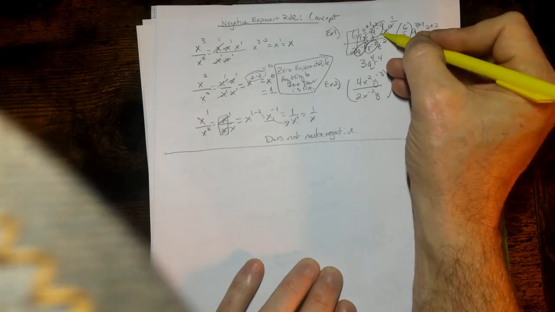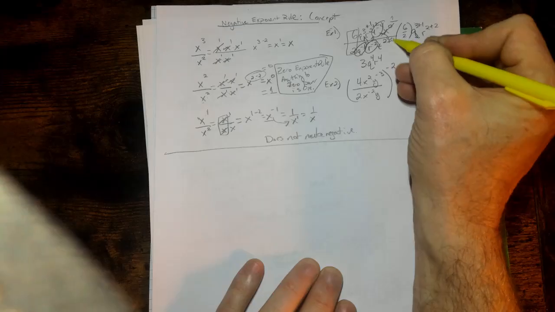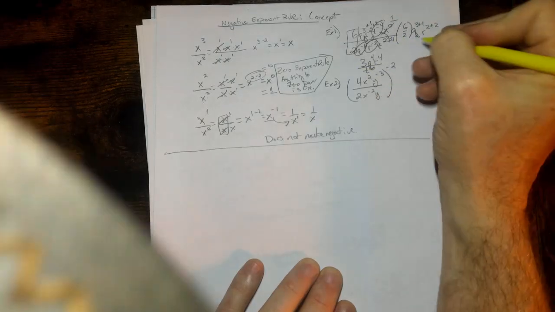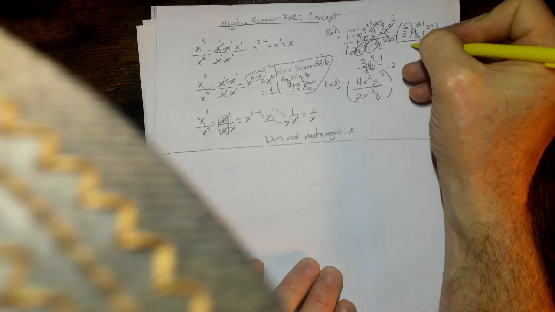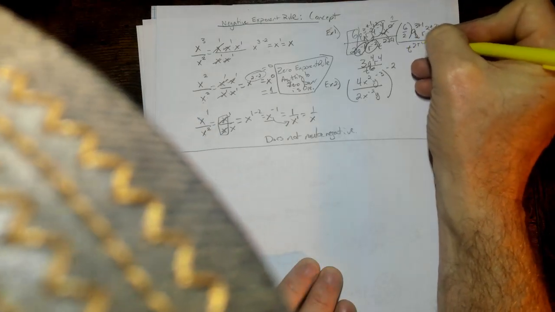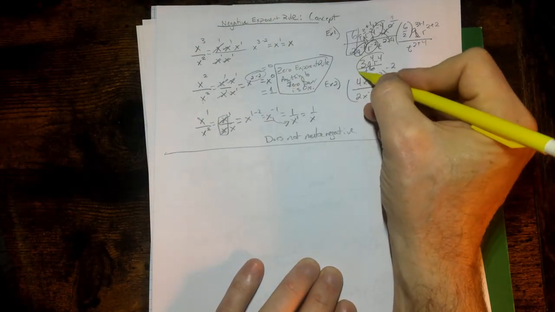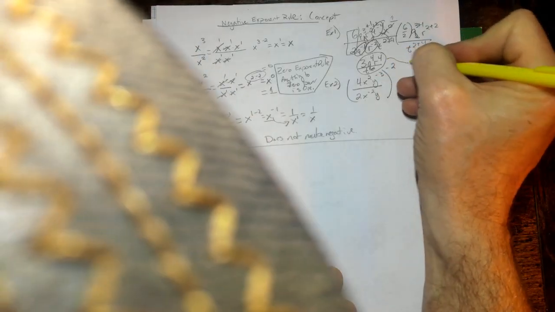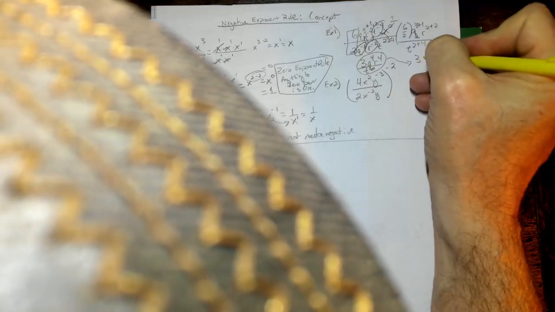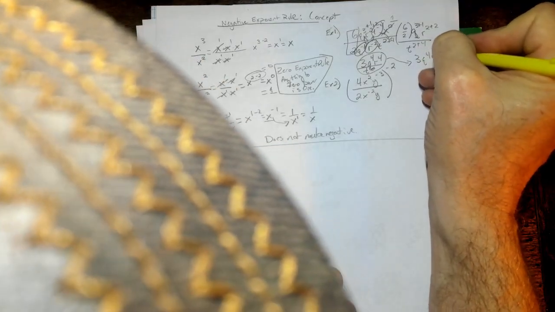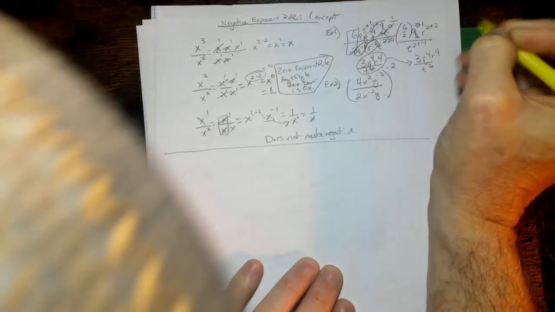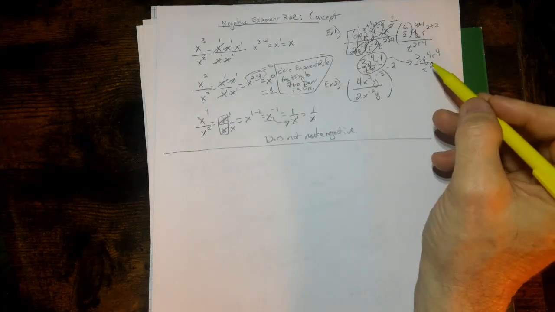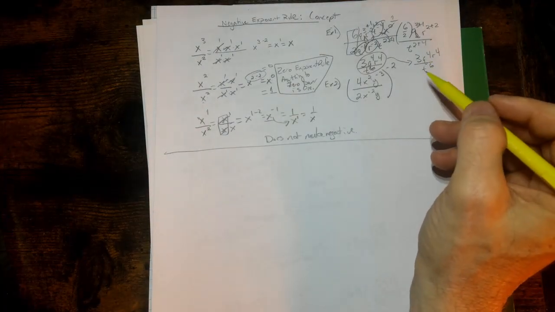It's on top, so we're going to move it to the bottom, and I'm going to add 4 to the bottom, so over t to the 2 plus 4, which is t to the 6th. Notice this would be our simplest form answer. Let me move this over to the side so it looks clearer: q to the 4th, r to the 4th, t to the 6th. And that's what happens when we rearrange these equations and move them around.